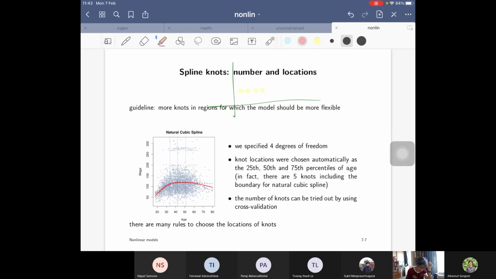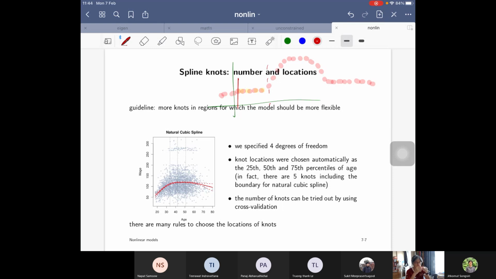Suppose my data look like this. It's not necessary to put knots where my response seems steady. You only need a knot where you see some trend, some change in the response.